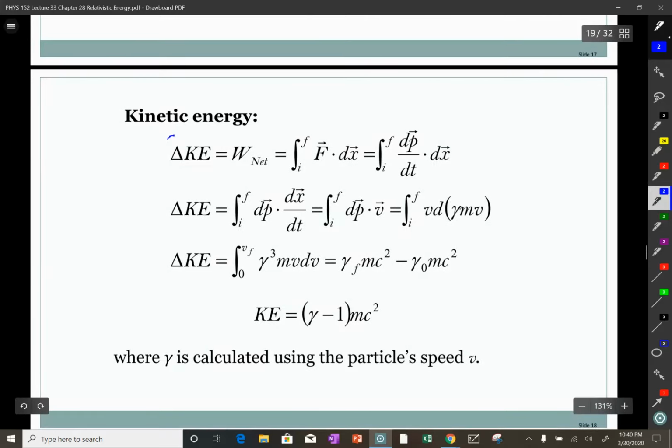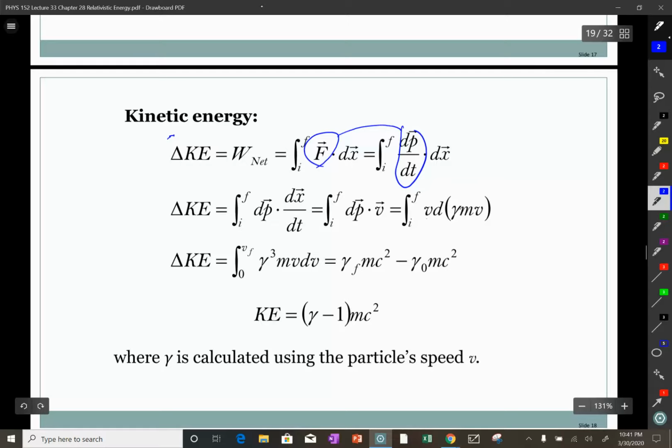It seems like it's kind of simple, but it's not. We have to replace force with Newton's second law, the derivative of momentum with respect to time. Then we shift the dt over, and dx/dt is velocity, so dp dot dv. But dp is d of gamma mv, and it's always in the same direction as v.